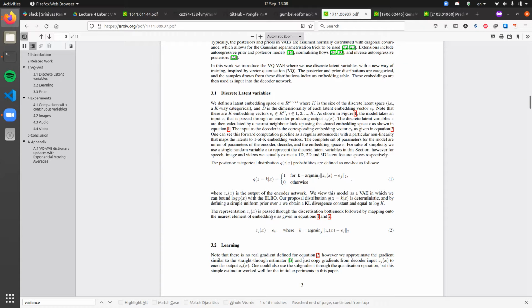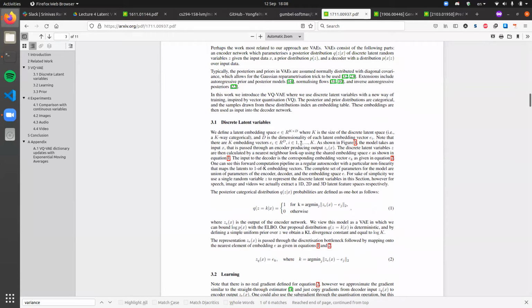The core idea is simple here. We want to represent the latent variable as a quantized discrete code.